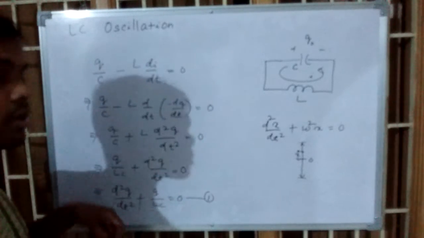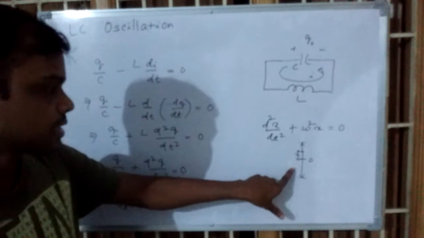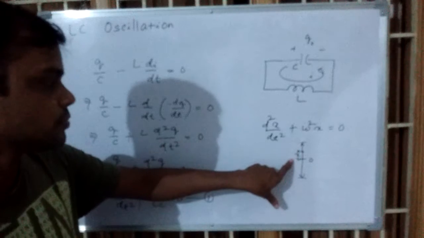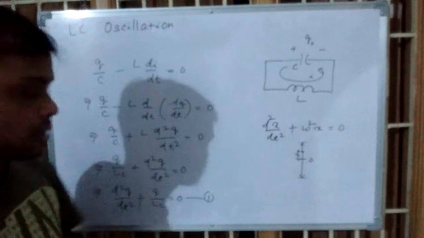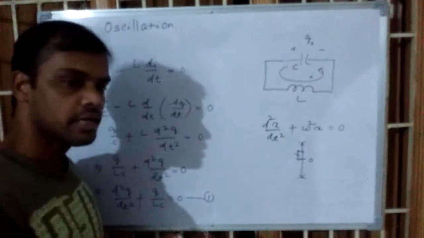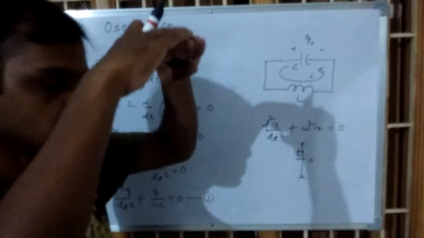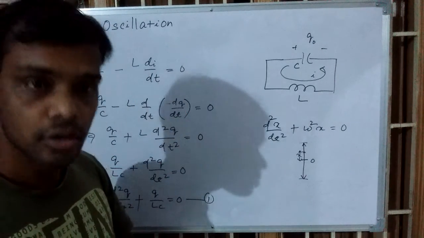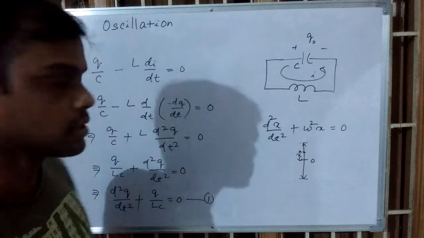means Q also varies as x. Okay, x varies like this. It increases, attains a maximum value, then comes to 0, then again on the other side it increases, again comes to 0, like this. Q also does the same. That means the Q value oscillates. It increases, attains a maximum value, again decreases, comes to 0, again increases in the opposite direction, comes to a maximum value, then decreases to 0, and it repeats this process.